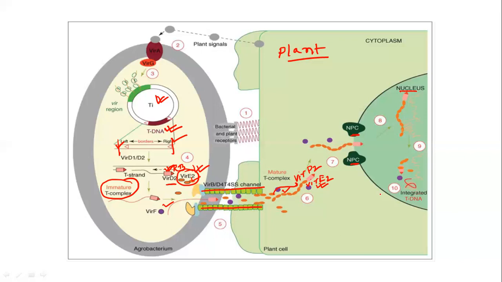VF plays an important role in making the ubiquitin tag, and VD2 and VE2 are then degraded by the proteasome, and the complex enters into the nucleus. Here you can see the nucleus, and it is integrated into the plant genome. These are the mechanisms for tDNA transfer.